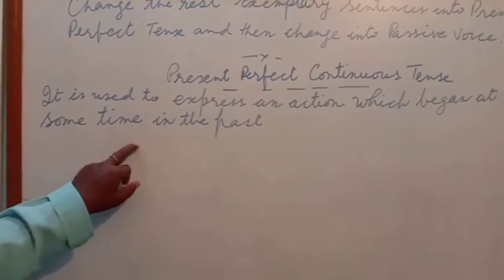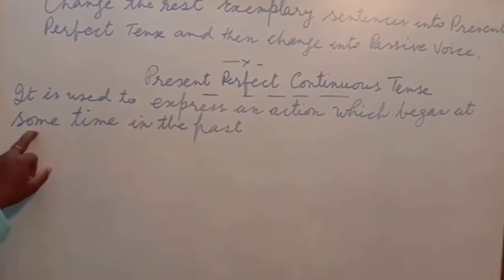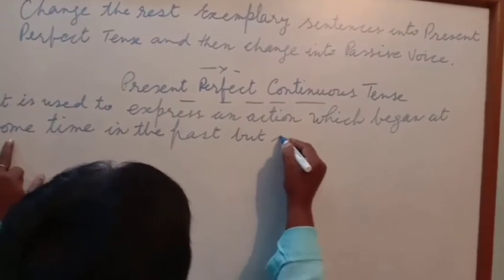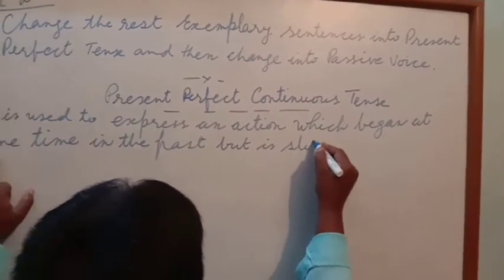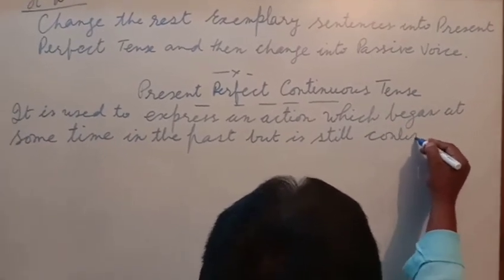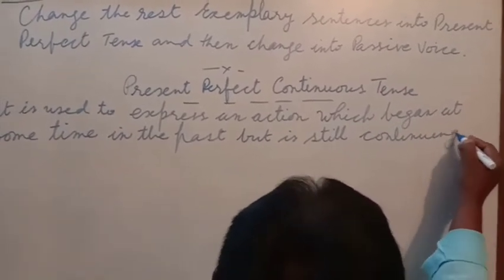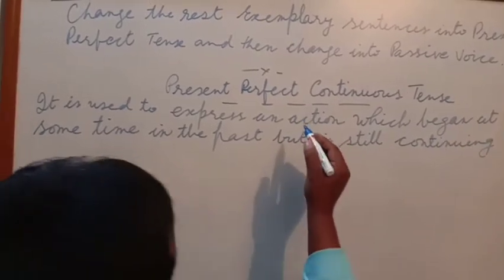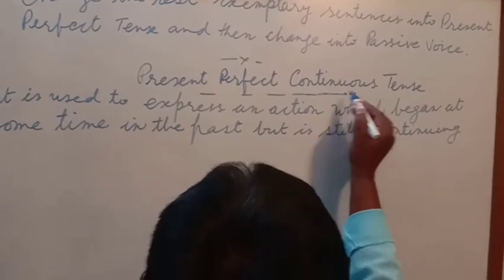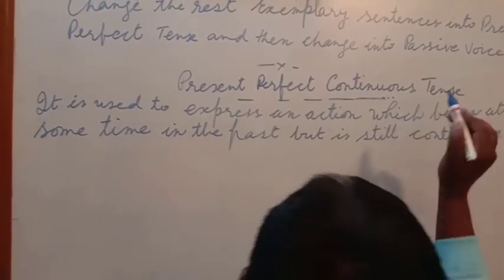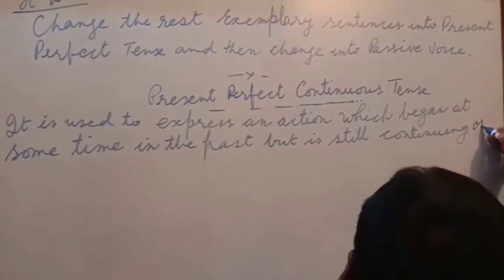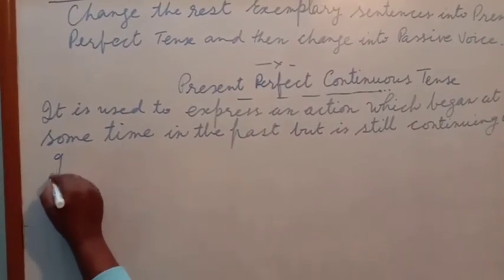Sometime in the past means कुछ समय पहले, but is still continuing, because the sentences are in perfect continuous tense, but it is still continuing or going on.